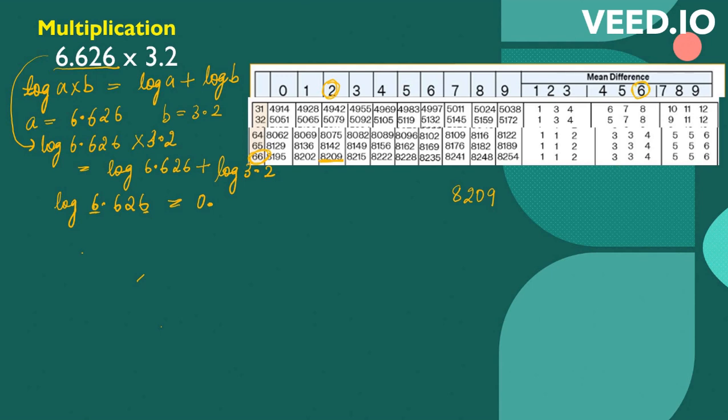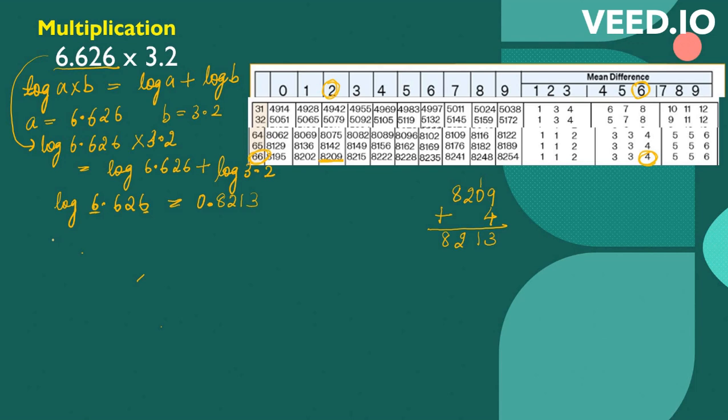The row is the same, 66, and under column 6 the value is 4. When we add it, 9 plus 4 becomes 13, so carry over 1, giving 8213. So we get a value of the log, that is what?